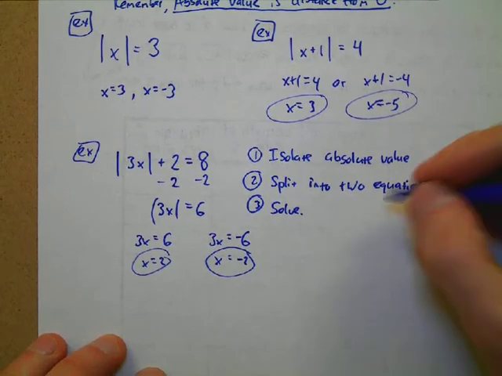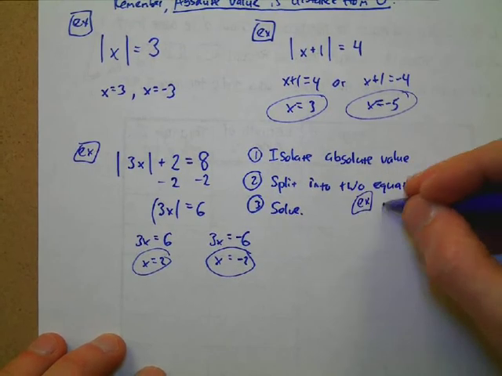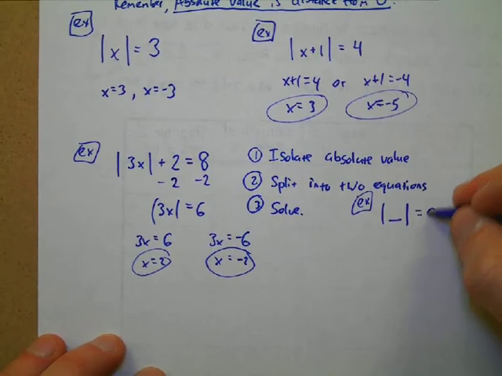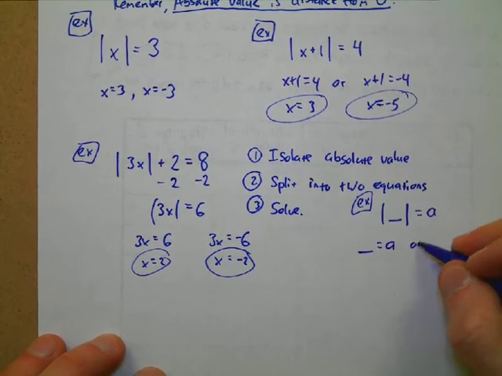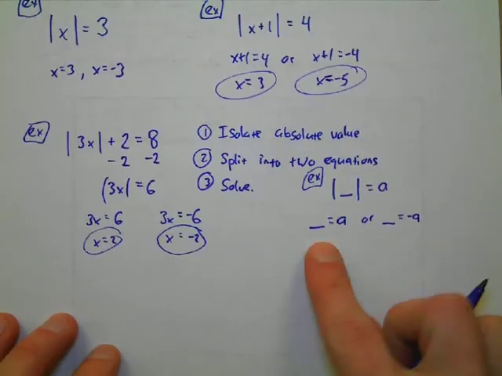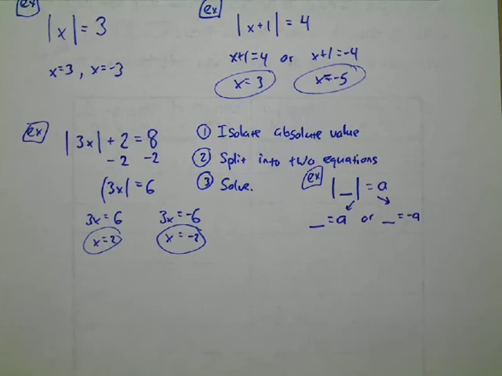And those two equations, just as an example here, you have the absolute value of something equals, we'll just say A. So then that something equals positive A, or that something equals negative A. Right, like this. So there are your two equations, if that helps you think about it.